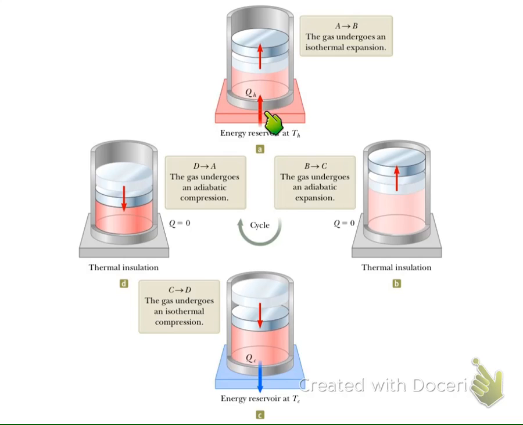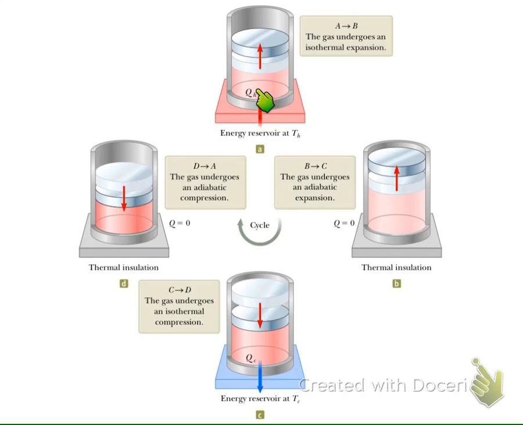This gas is in thermal contact with the hot reservoir at the higher temperature TH. We let the heat enter the system by the amount QH and make the expansion, and here the expansion is the isothermal expansion.